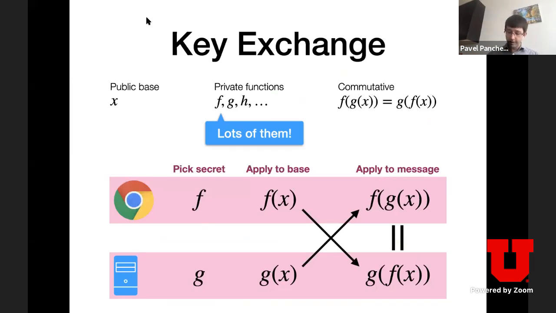So here, both parties end up with the same secret, f of g of x or g of f of x, and we know those two are equal. In RSA, it's a more advanced, more complicated form of encryption, where two parties don't actually need the same secret key to communicate at all, which, by the way, sounds a lot better.